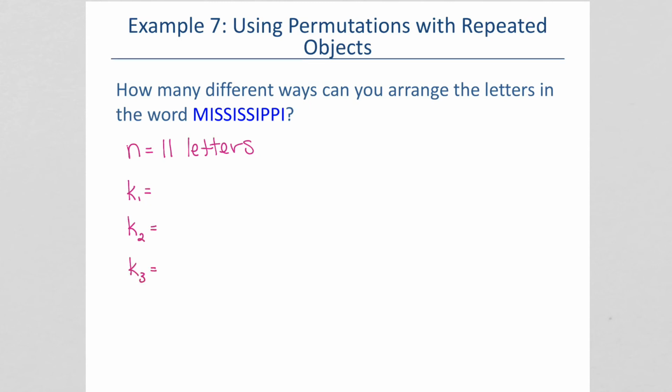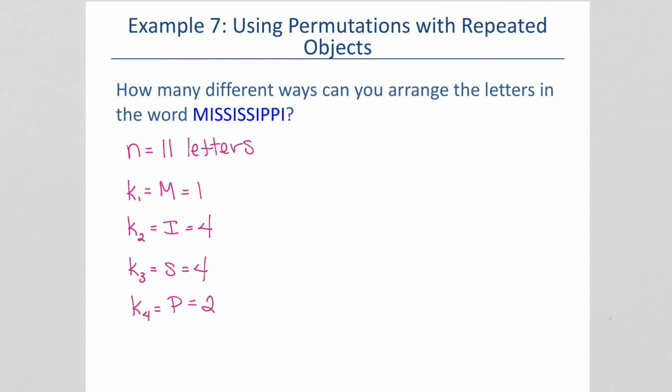So k sub 1 would be M, and there's just one of those. k sub 2 would be I. There's 4 I's. k sub 3 would be S. There's 4 S's. And k sub 4 would be P, of which there's 2.